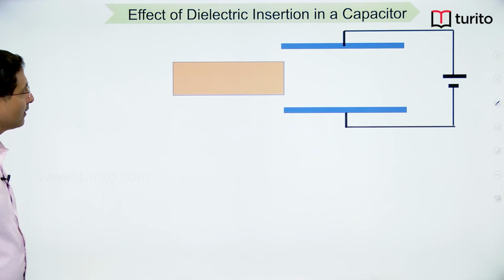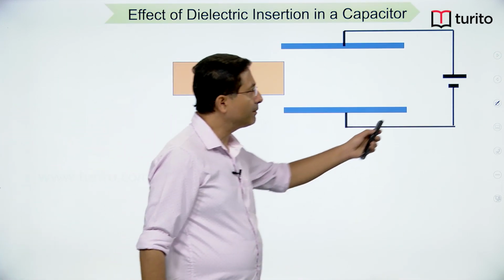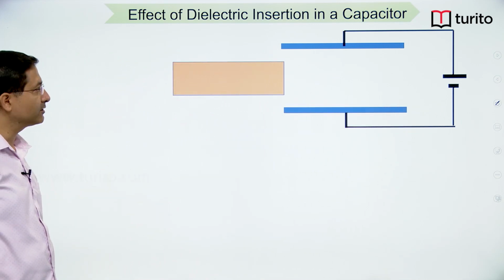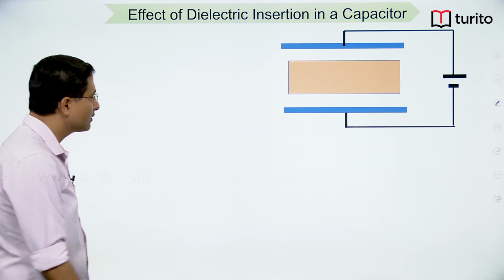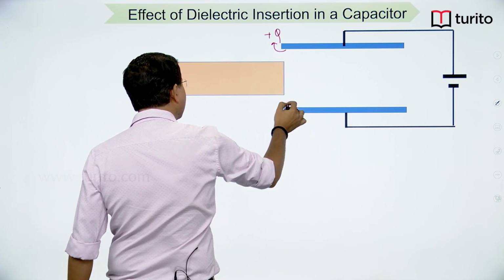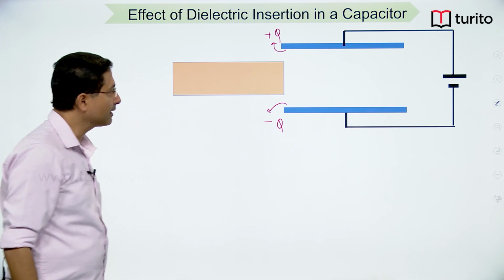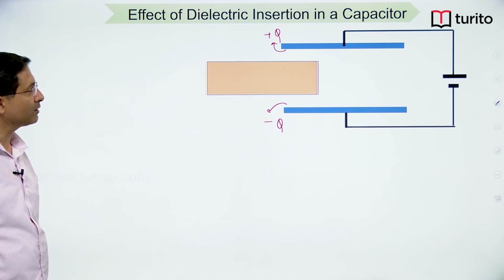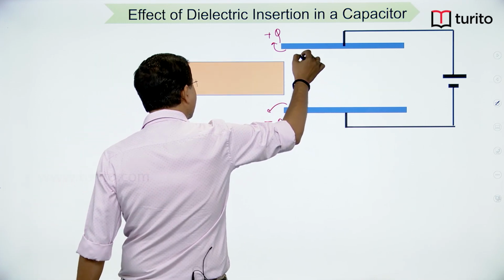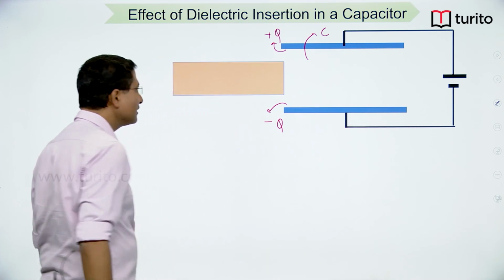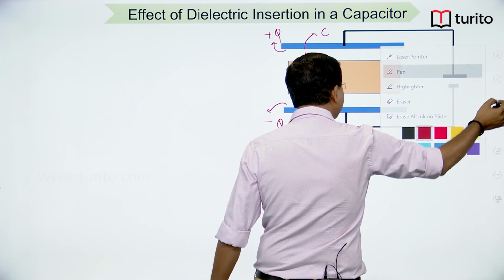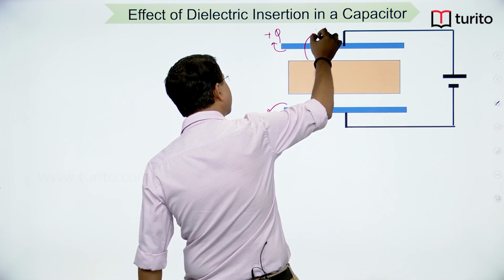Now, if I keep the battery connected to the capacitor, what happens to all these parameters we just discussed, right. So, now this is inserted. Earlier, here charge was plus Q and here charge is minus Q, and as soon as I insert the dielectric, the capacitance of the whole arrangement, which was earlier C, will immediately increase, it will become K times.